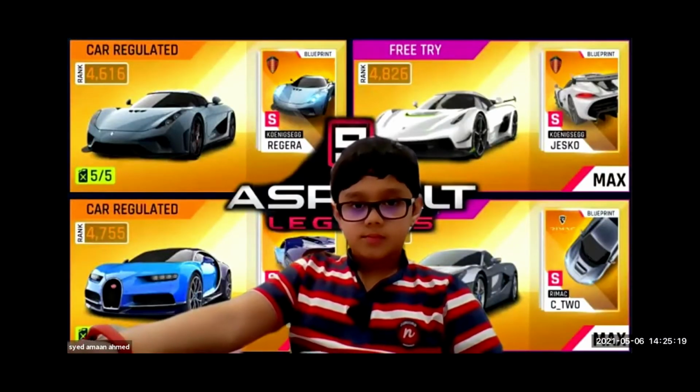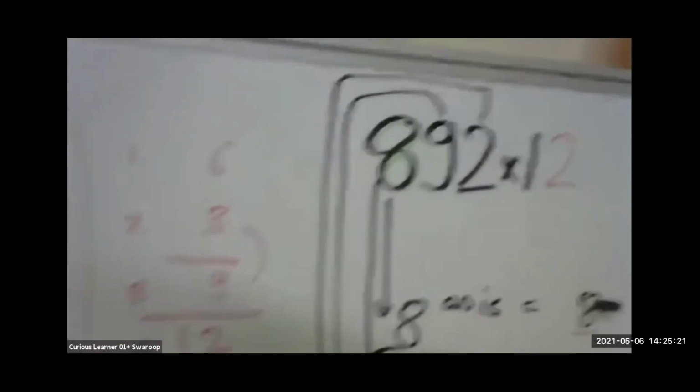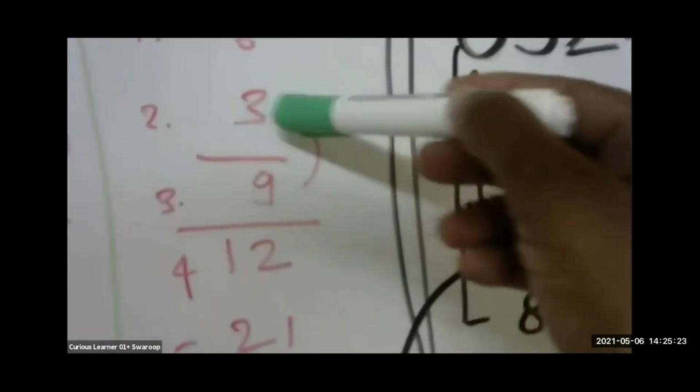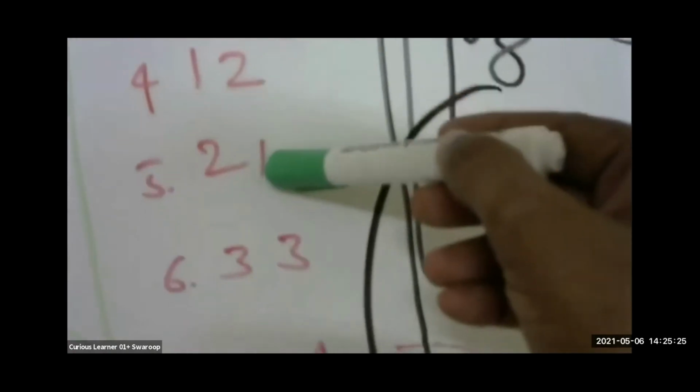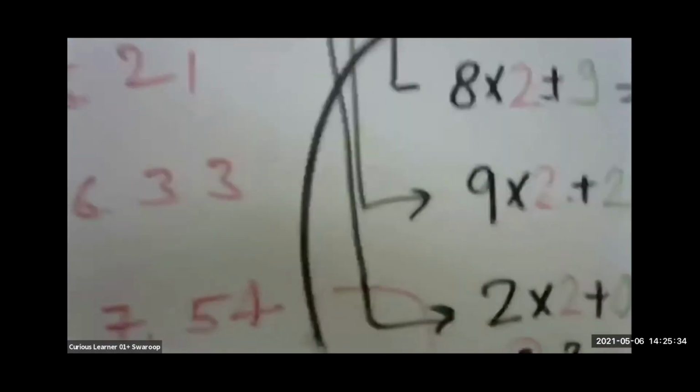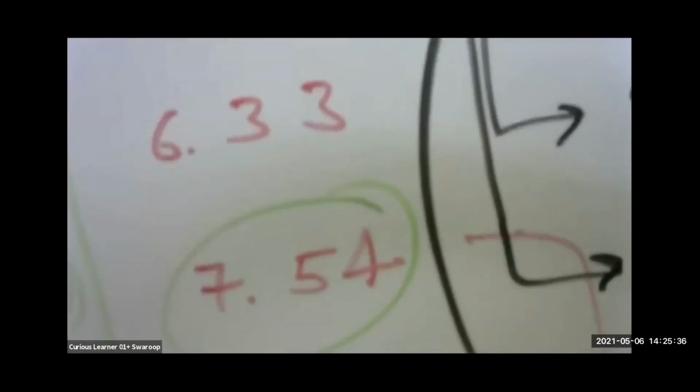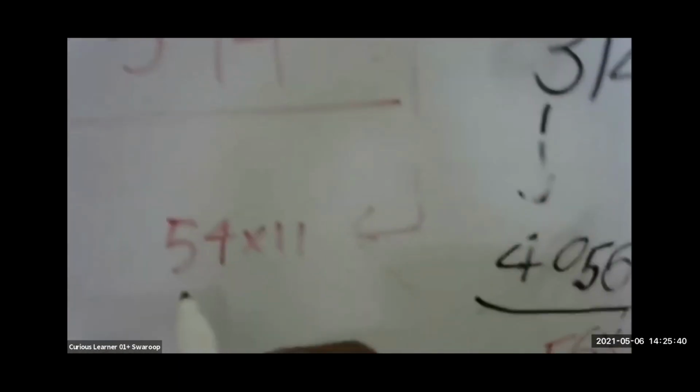Okay, so this is 99 only, but again you see here 6 plus 3 is 9, 3 plus 9 is 12, 9 plus 12 is 21. We made this series, 10 numbers here, 258. Now the 7th number we take, 54, and multiply by 11 to get the total.